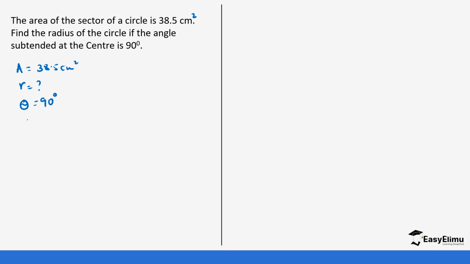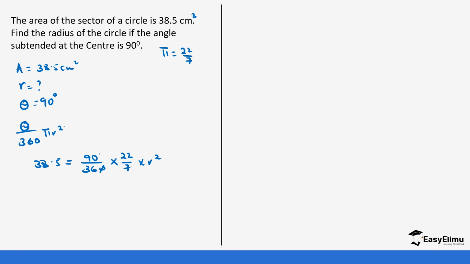So we write the formula again, which is going to be the angle over 360 times pi r squared. We have not been given our value of pi, but you're going to use pi as 22 over 7. So the area, which is 38.5, is equal to 90 over 360 times 22 over 7 times r squared.